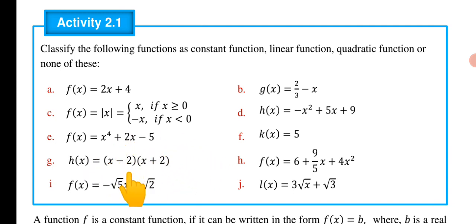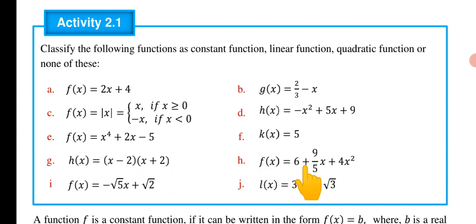That is x times x is x squared, plus x times 2 is 2x, plus minus 2 times x is minus 2x, minus 2 times 2 is minus 4. That means after finding the product of these linear factors, you will get a quadratic. The highest exponent will be 2.